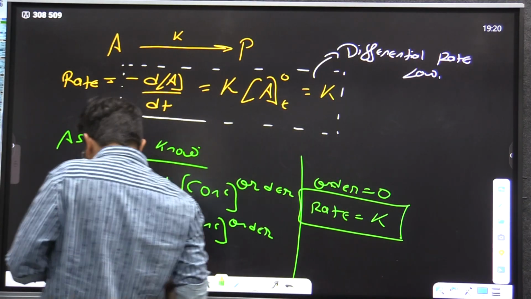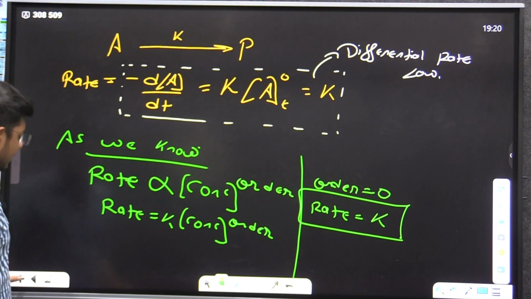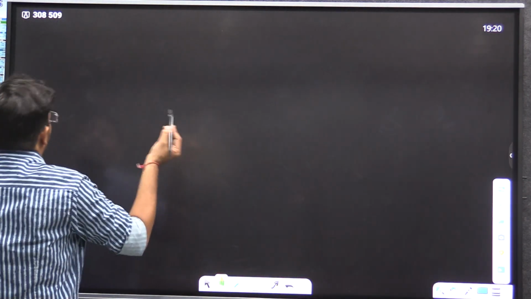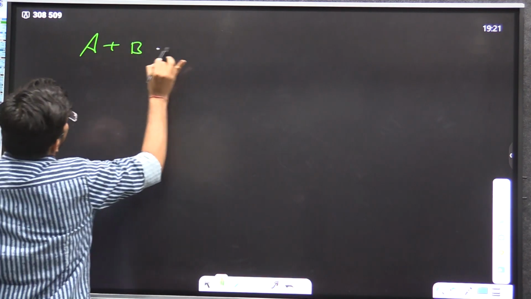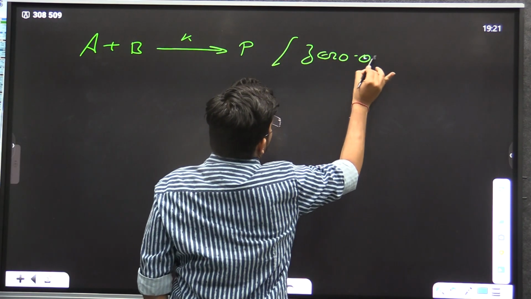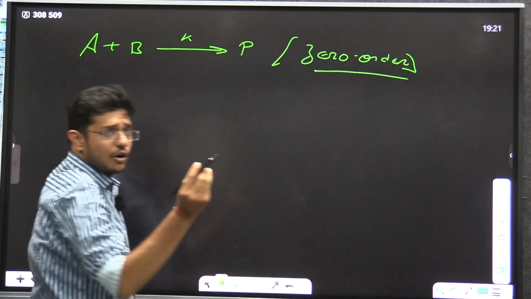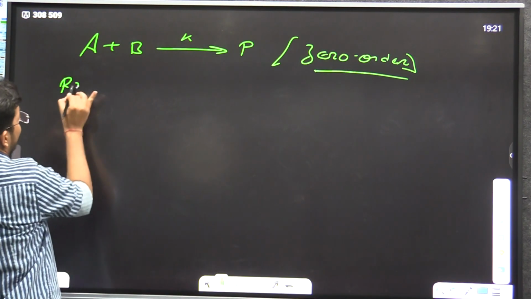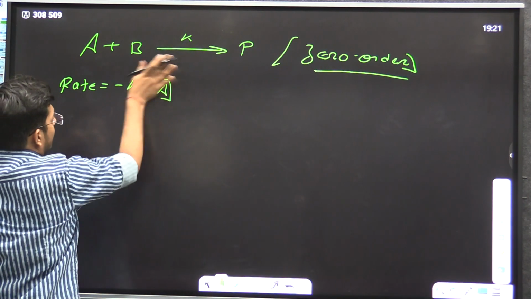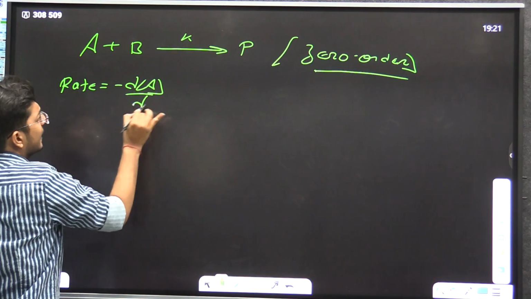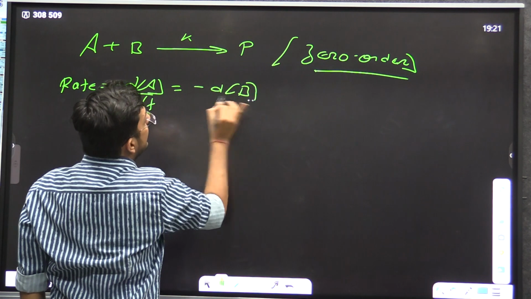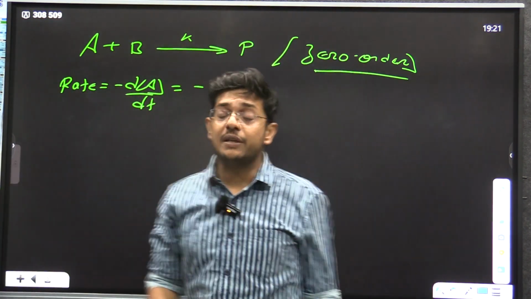Now, again, maybe the question arises, sir, what if there is more than one reactant? Let's suppose we have more than one reactant, and again the reaction follows zero order kinetics. So we can write that rate is equal to minus dA by dt for the reactant A, or minus dB by dt for B, as per the rate law definition.